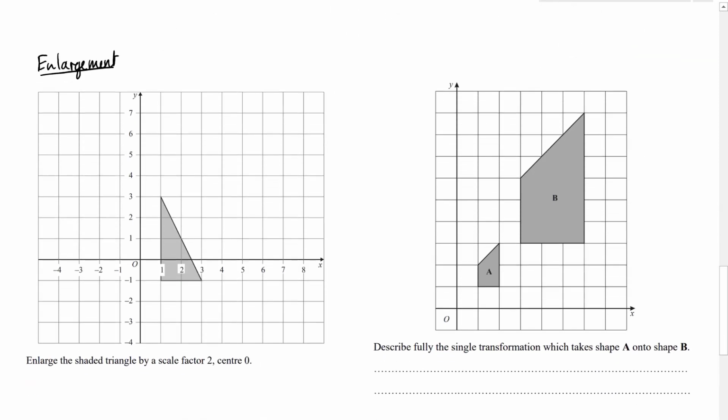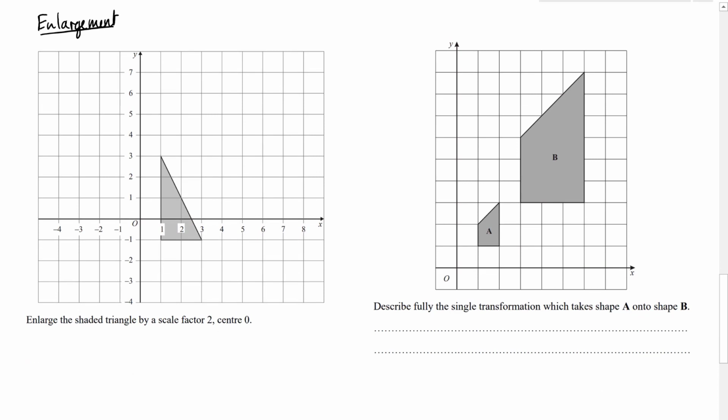And finally, let's look at enlargements. So they've given you this shaded triangle, and they want you to enlarge the shaded triangle by a scale factor of 2 about the center 0. So the center is the origin, and they want you to double the distance between the origin and all of the points.